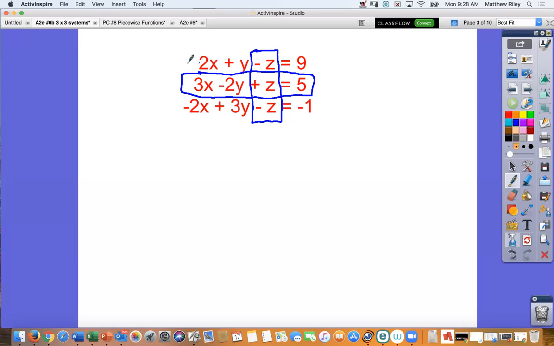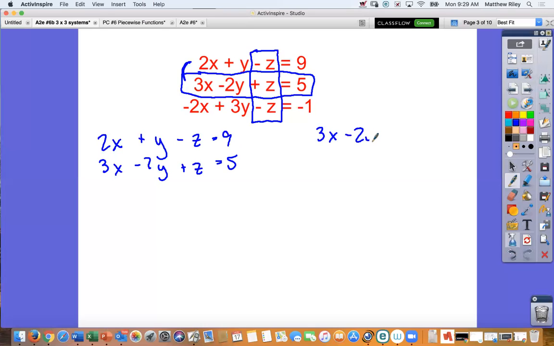But when I do that, I'm going to write these two together. And then I'm going to write these two together. Again, it does not matter which one goes on top, which one goes on bottom.